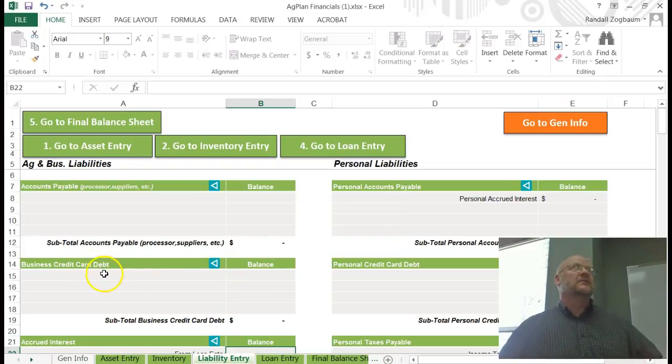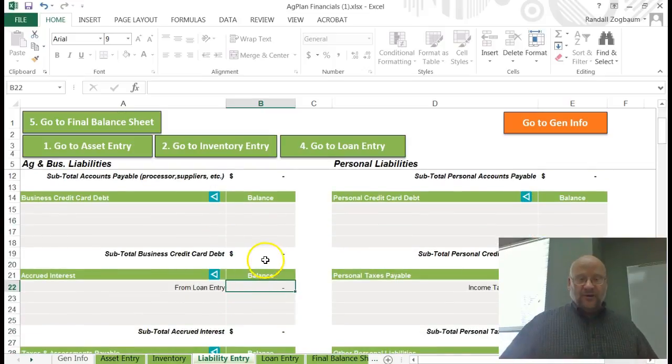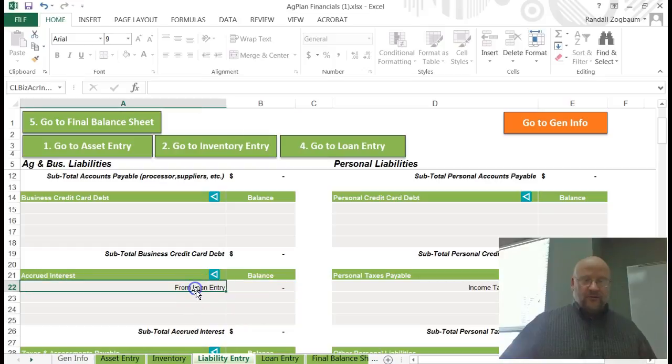Those are kept separate in FinPack, but in this tool, they lump all the different loans into one spot, so they'll be looking at the balance of each one. So we'll do the fourth.